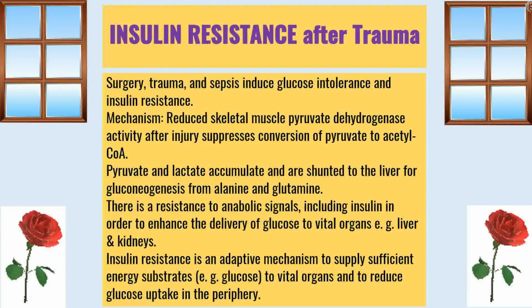The final common pathway of the metabolic response to post-traumatic stress is uncontrolled catabolism and the development of resistance to anabolic signals, including insulin, in order to prioritize the delivery of energy substrate to vital tissues such as the liver and kidneys over the insulin-dependent organs, mainly fat and muscle. Therefore, insulin resistance is considered an adaptive mechanism designed to provide a sufficient amount of glucose to the vital organs and to reduce insulin-mediated glucose uptake in the periphery.